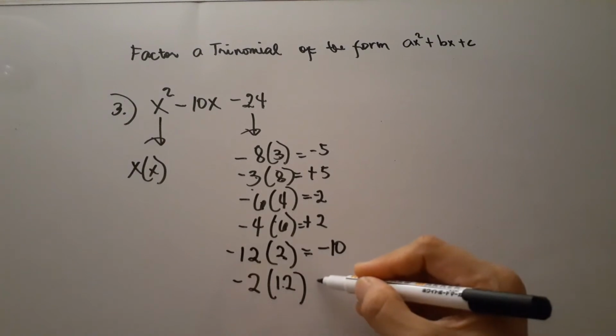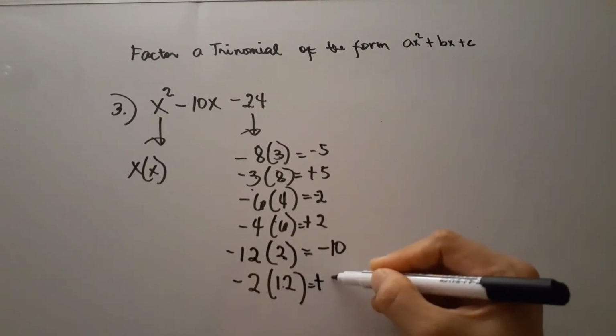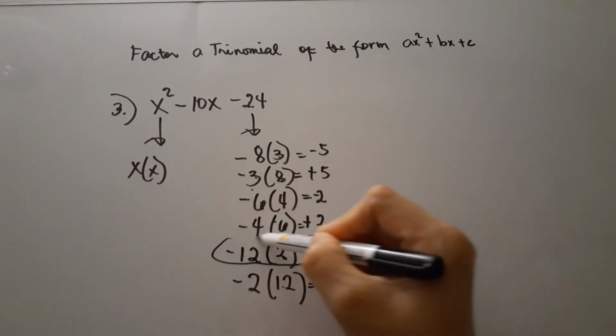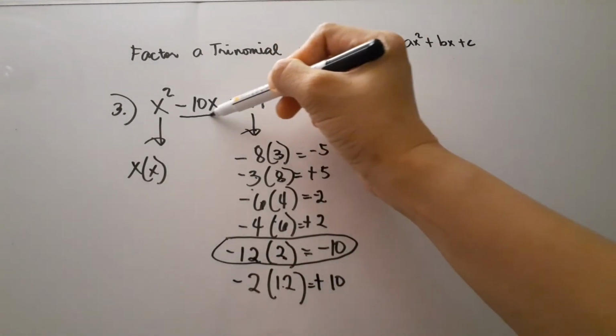Remember that our coefficient of x is negative 10, so we can use this factor negative 12 times 2.